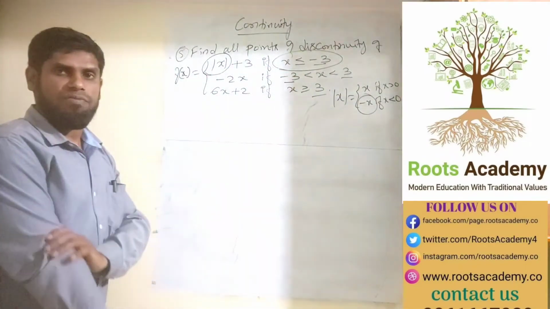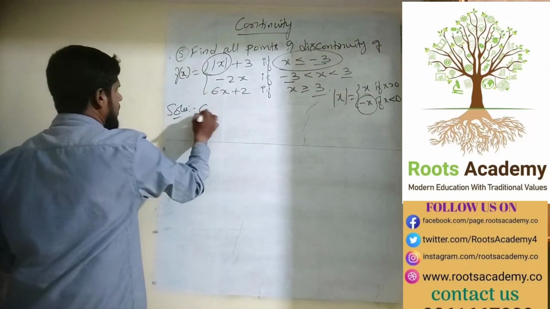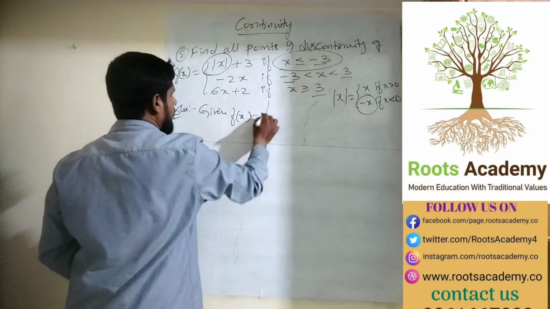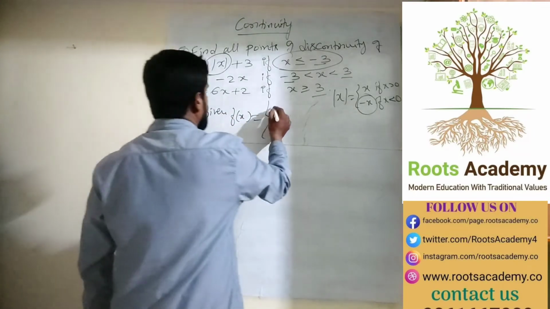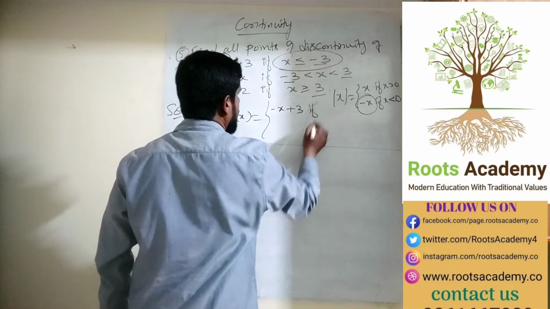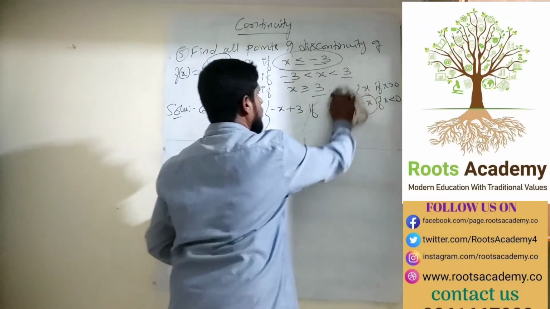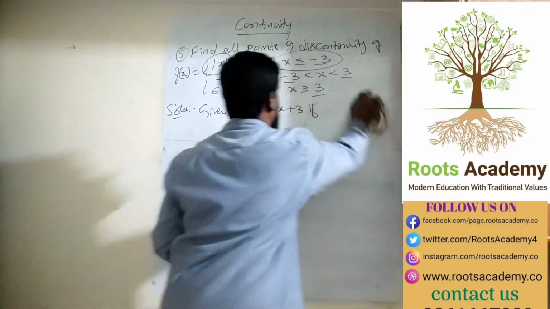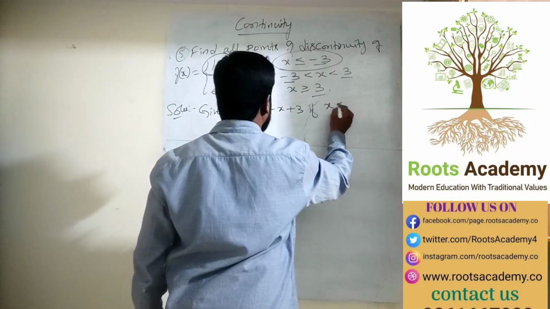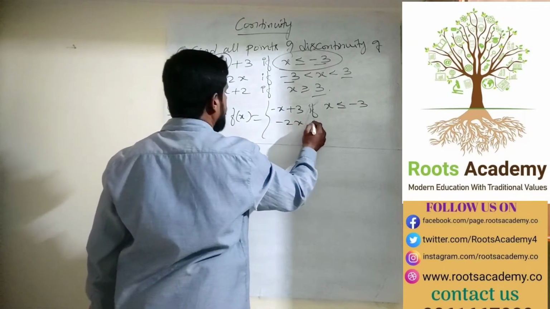So I will write the proper function now. Solution. Given f of x is equals to -x plus 3 if x less than or equals to -3, other things are same.